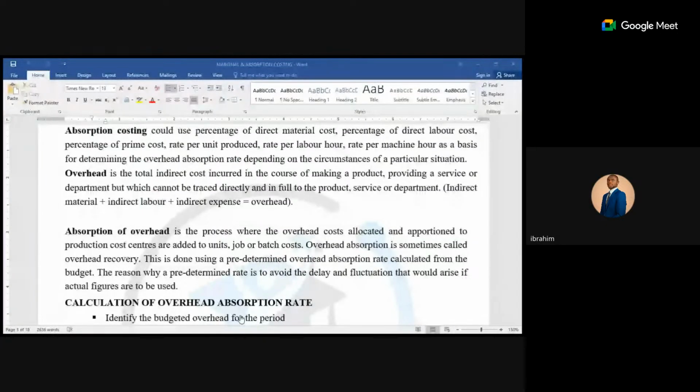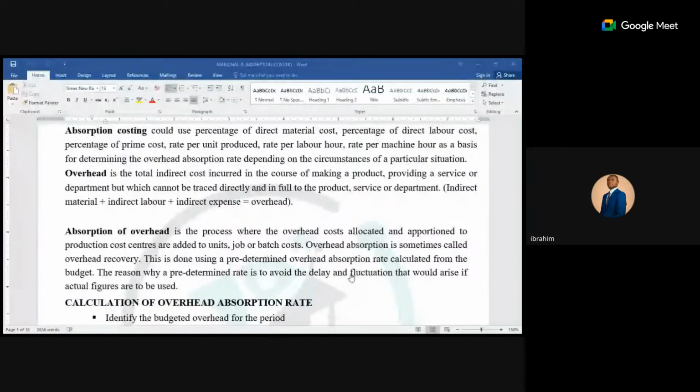Absorption of overhead means that this cost cannot be traced, so we want to apportion it to a particular production unit. That is, you want to know the cost per unit of this overhead. It could be either per unit produced, depending on what is given to you in the question. It depends on the company policy.